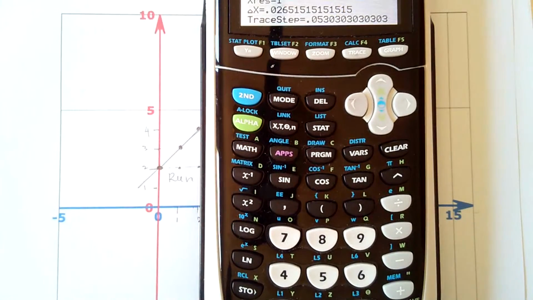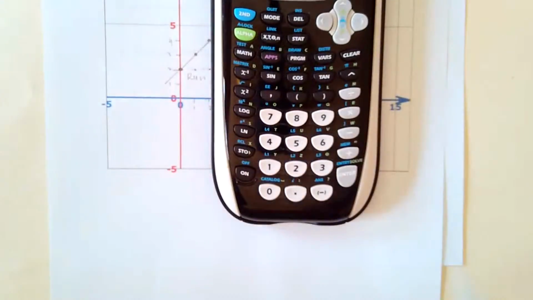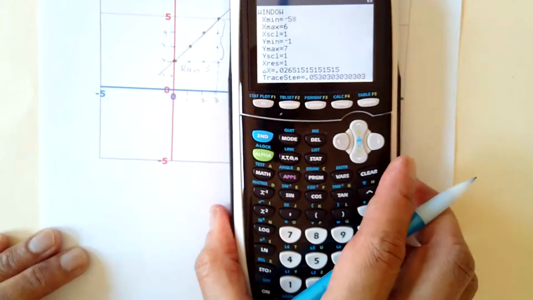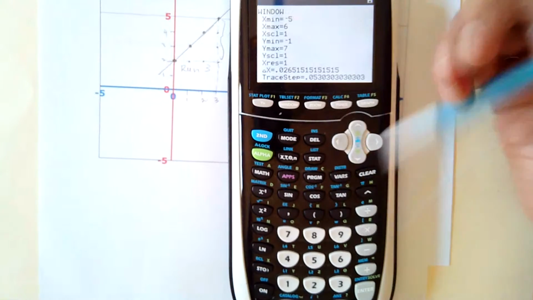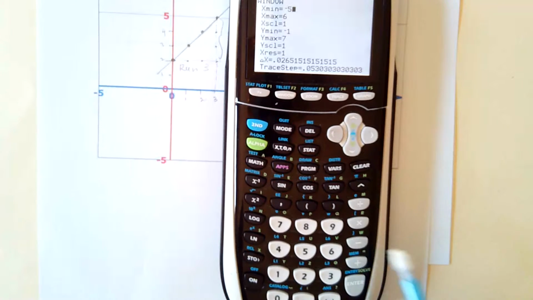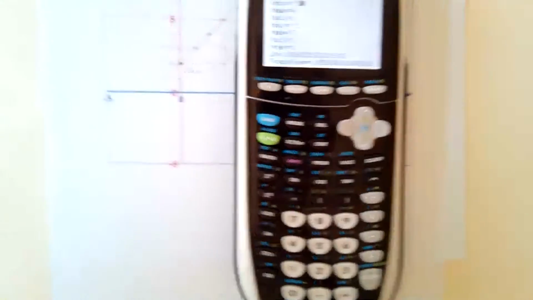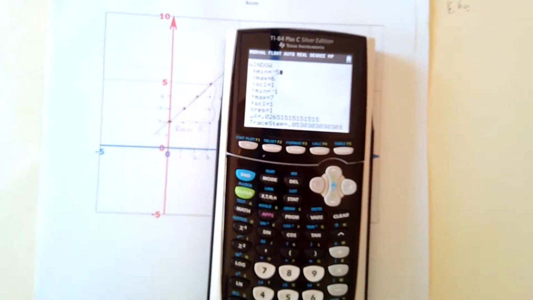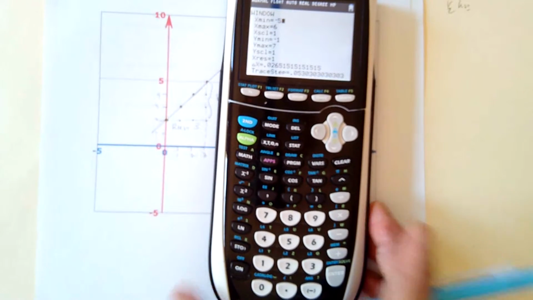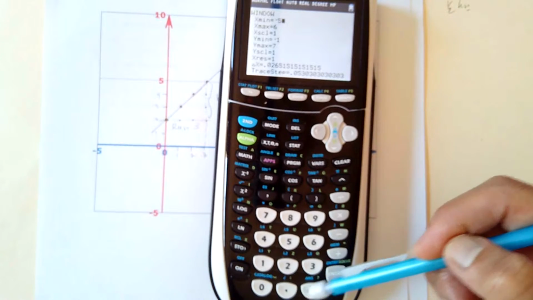By the way, whenever you are putting in a negative sign, do not use the subtract button here. That's one of the operations. This is your negative sign way at the bottom. Okay, maybe you can't see that well. You'll need to use this sign as negative.